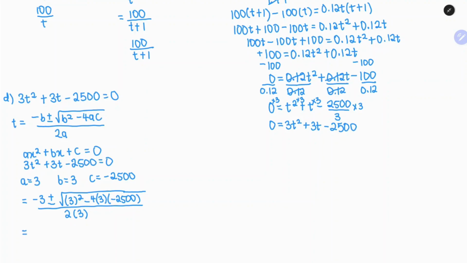Then since we're trying to find what t is, all you need to do is put this into the calculator. Please always make sure that you're putting in the right values into the calculator. Usually during these questions, if you miss this negative 2,500, your calculator is most probably going to give you an error.